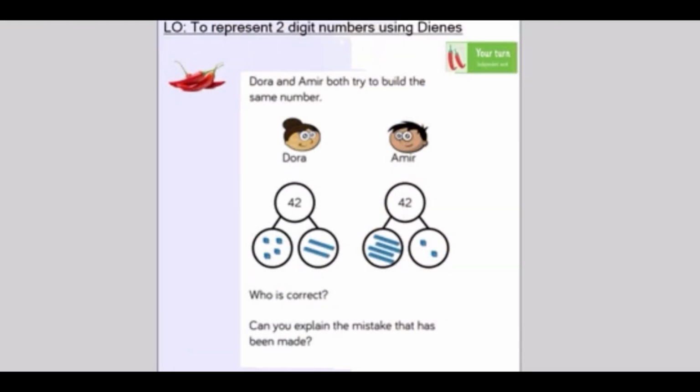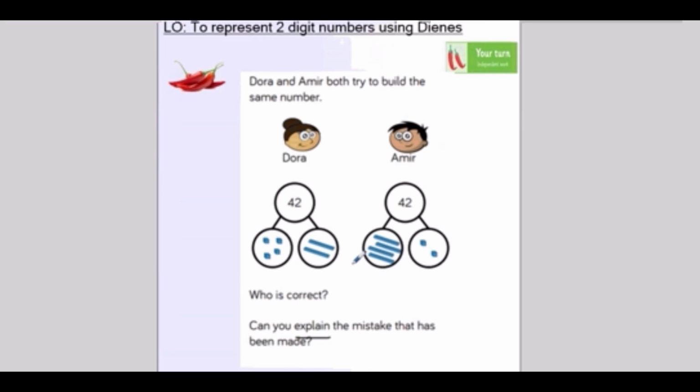And here is some reasoning for our chilli 3. It says, Dora and Amir both tried to build the same number. As you can see, they've got their Deans. And then it says, who is correct? Can you explain the mistake that has been made?